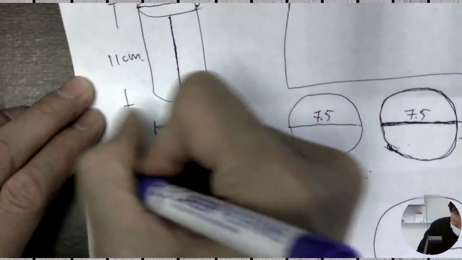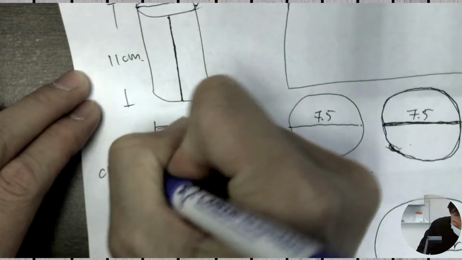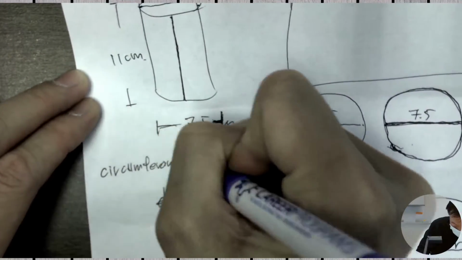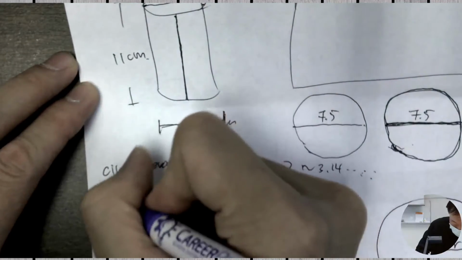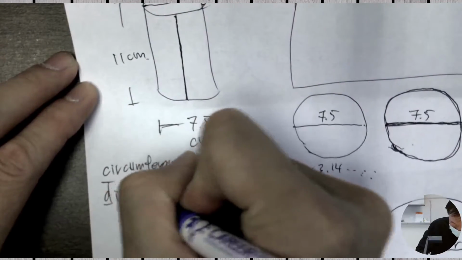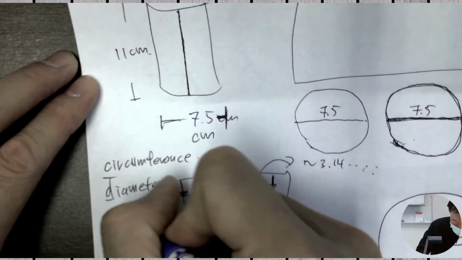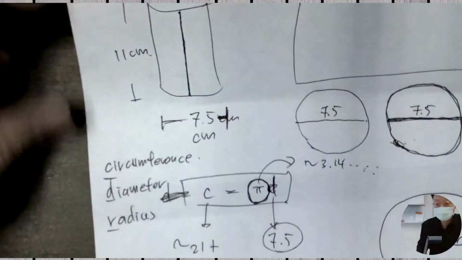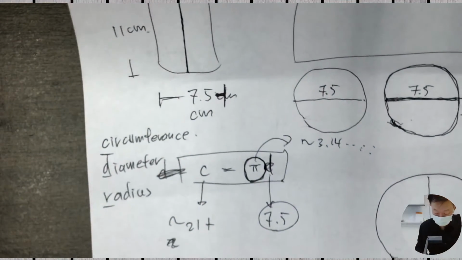Radius. So again, some keywords here. We have C as circumference, D as diameter, and R as radius. If you forgot about these keywords, okay?